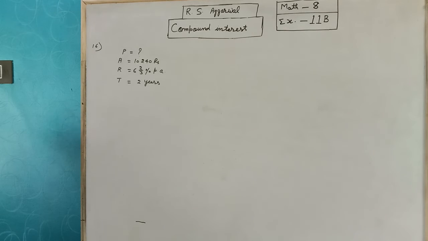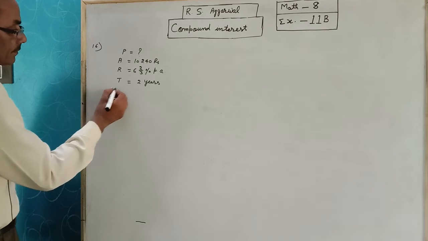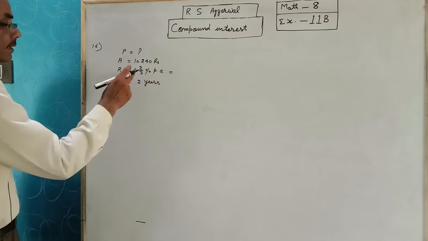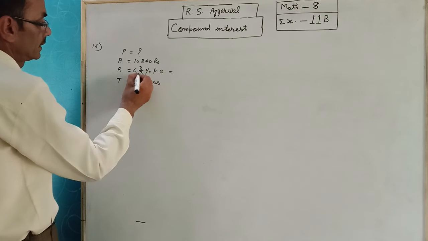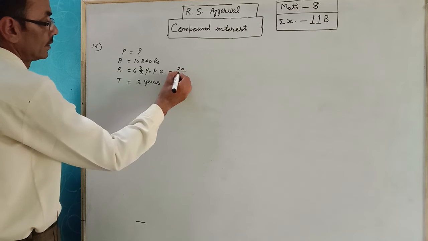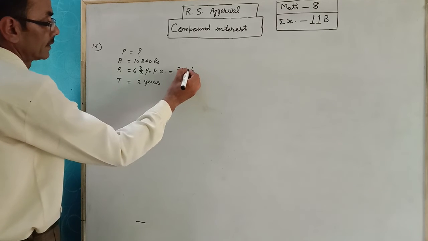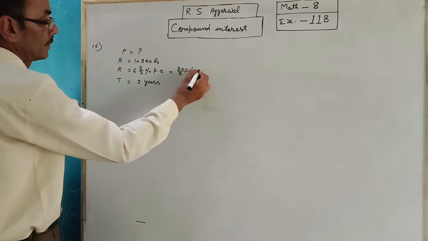Now we find the principal. Mixed change into improper, 6 3 18 plus 2 is 20, 20 upon 3% per annum.